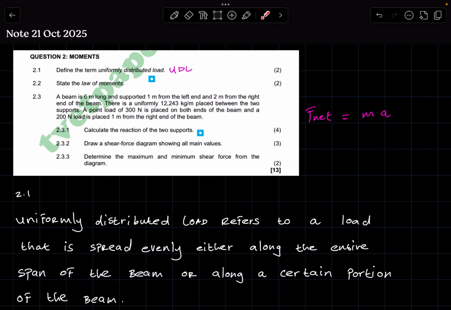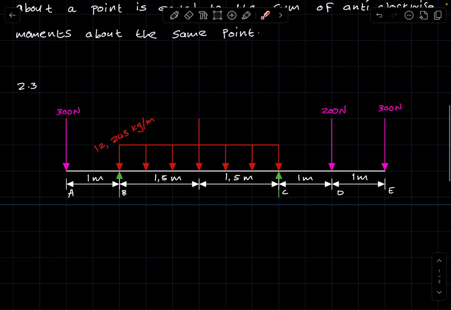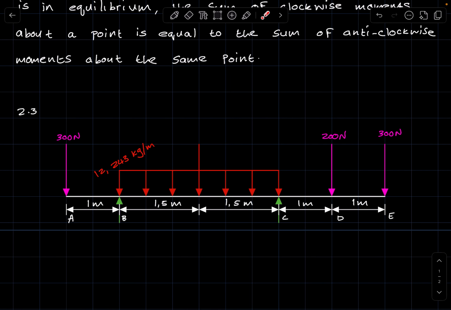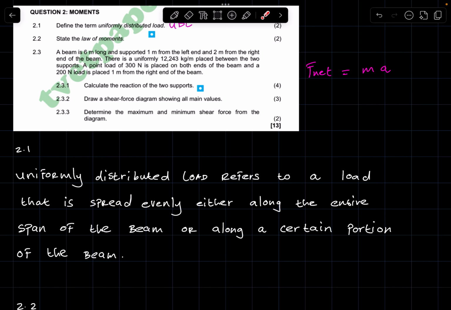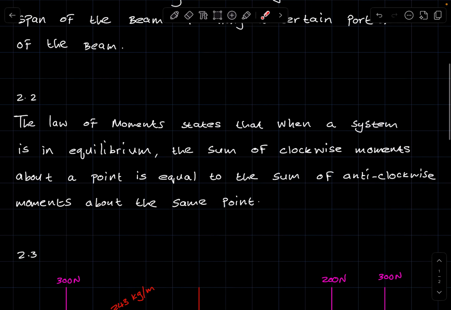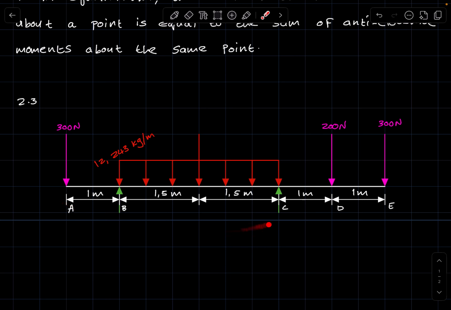Now, as far as the questions, they said 2.3.1, calculate the reactions of the two supports, right. Now, obviously, first thing, you need to draw the beam. Even if the beam has been given to you, or has been drawn for you, I always advise students to always redraw the beam.